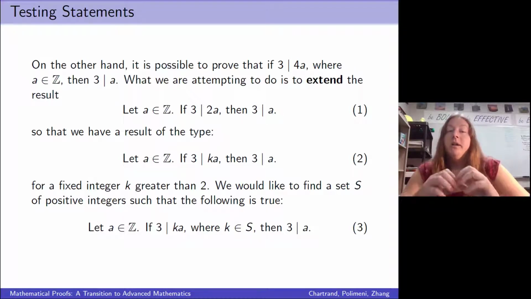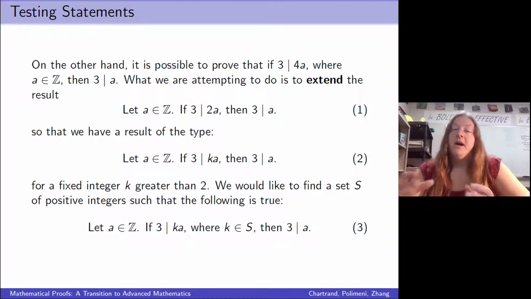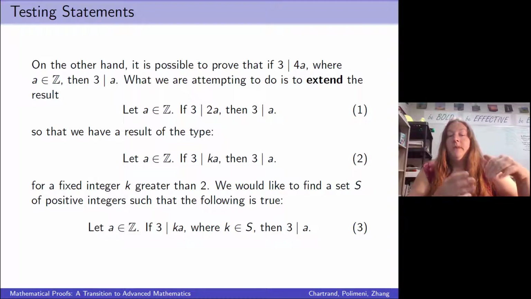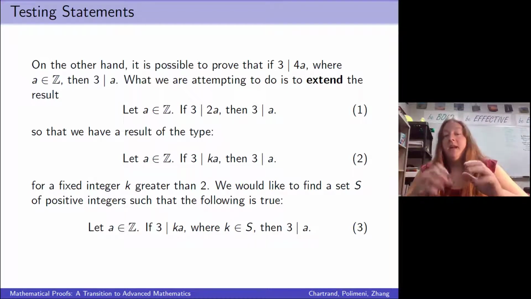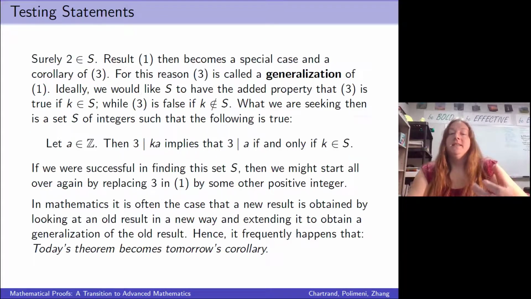So what I really want is a set of values that are the possible values for k. So I want to rewrite this statement to be, for A an integer, 3 divides k times A whenever k is in this element S, that is my domain, then 3 divides A. So the question is, what is that set S?